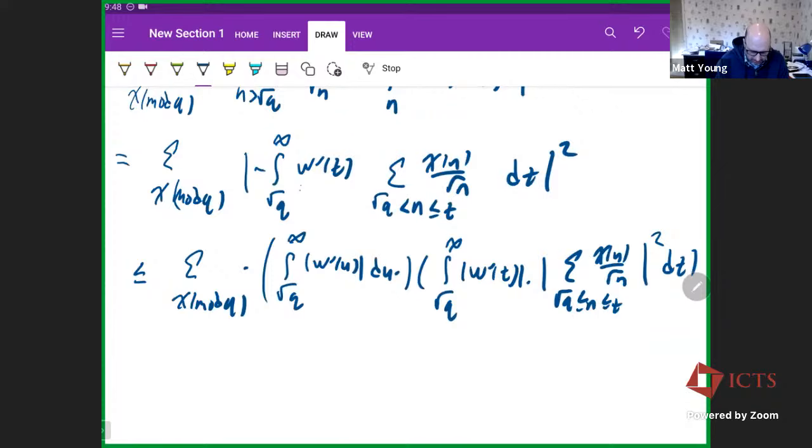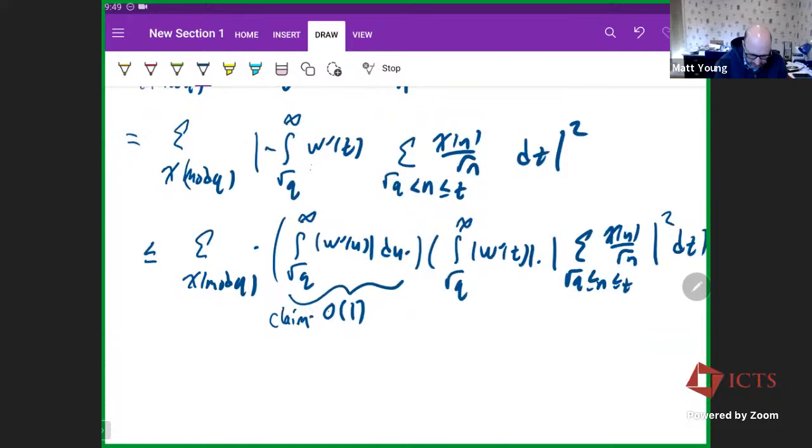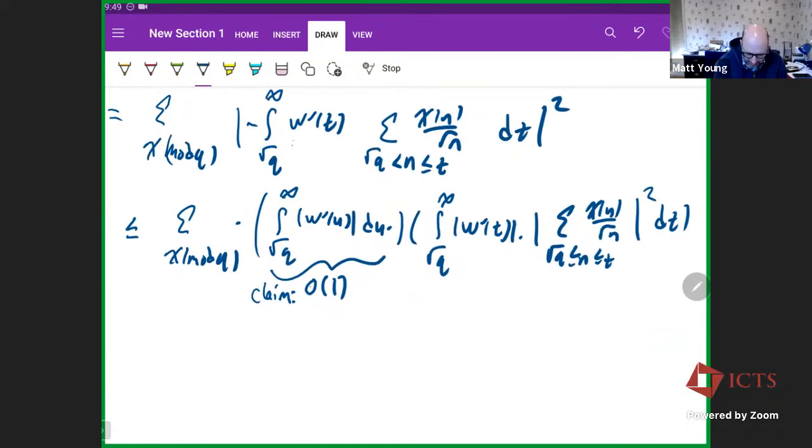I claim the integral over u is big O of 1. We'll circle back on that.